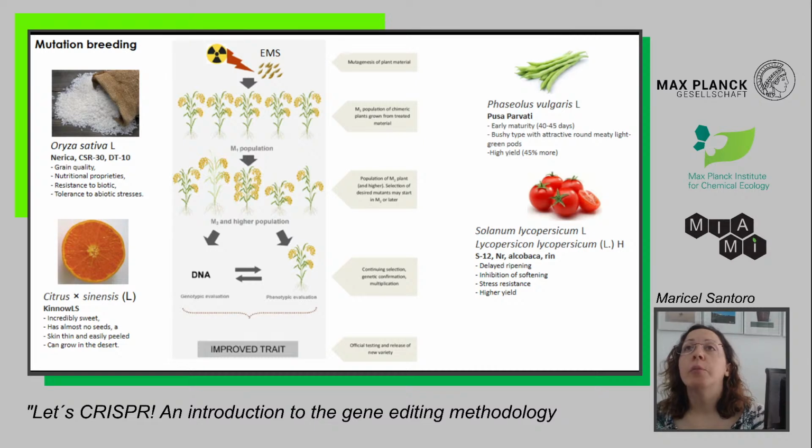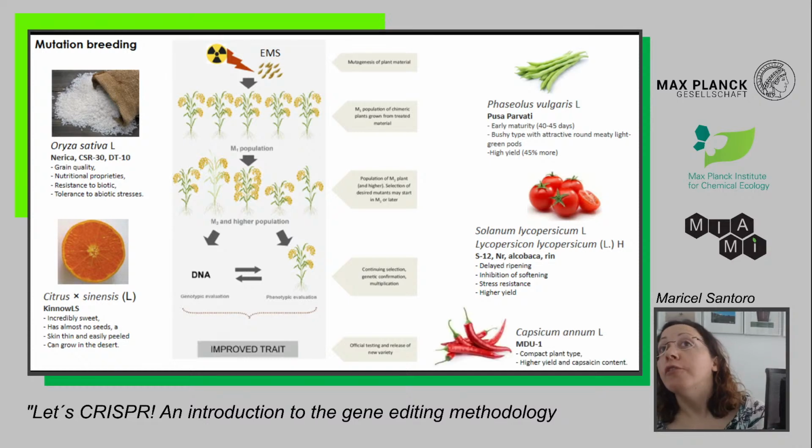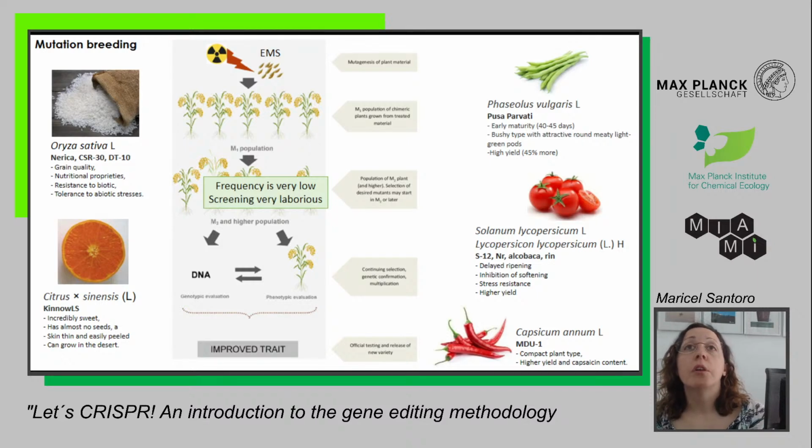And all of them have been done for improving resistance, for example, to pathogens, to herbivores, or to improving the qualities of the fruit. But this wasn't enough, because we also realized that the frequency of this mutation is very low and the screening is very laborious. You have to wait several generations afterwards to have an improved plant.